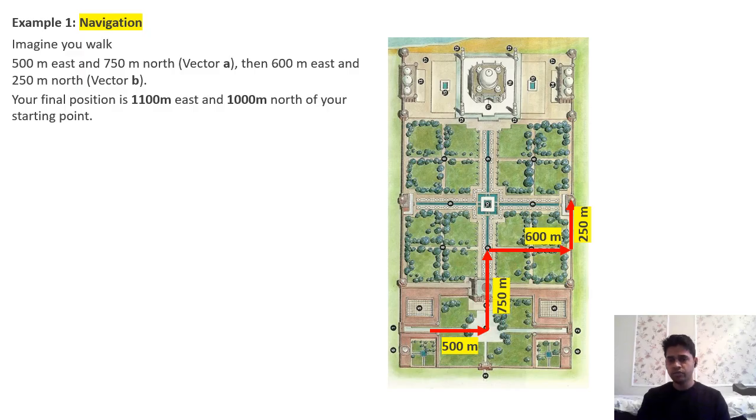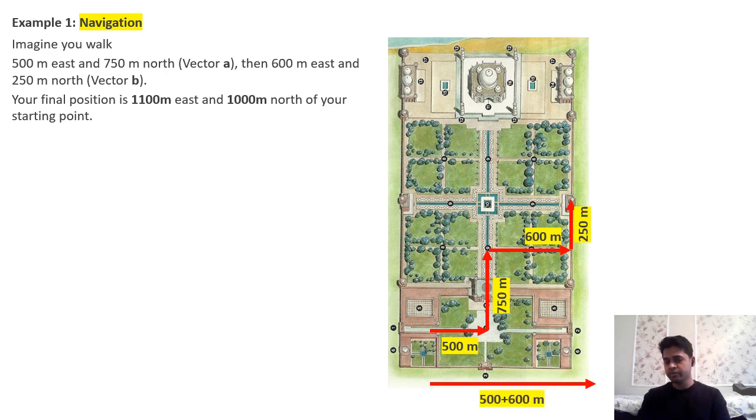If I need to find the resultant, what I have to do is add all the distance which I have walked in the east direction, and add all the distance which I have walked in the north direction. So let's see how much distance I have covered in the east direction.